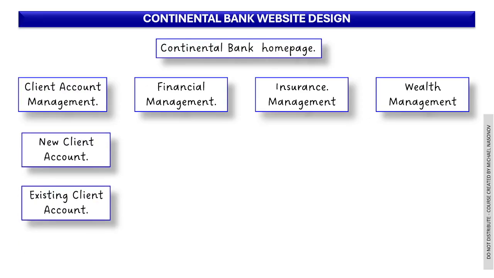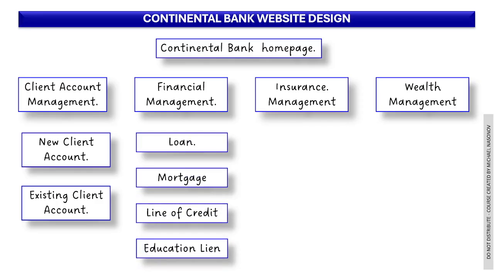Under client, you can create a new client account with extended information or log in to an existing client account. Under financial management, you can ask for a loan, a mortgage, an extended line of credit, or an education-related lien, same as a loan.